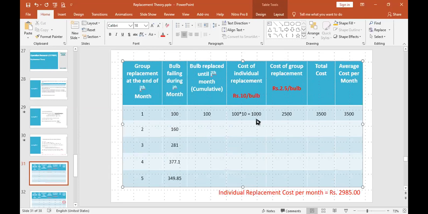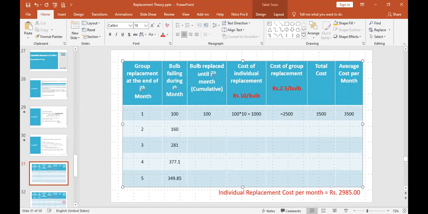Now, in the beginning of the first month, we are buying new bulbs of 1000 quantity. So for that we must be charged 2.5 rupees per bulb, since the entire 1000 bulbs are being bought as new quantity. So that is why for the first month it is 2500. And 2500 why?